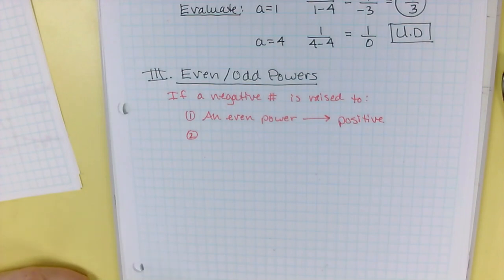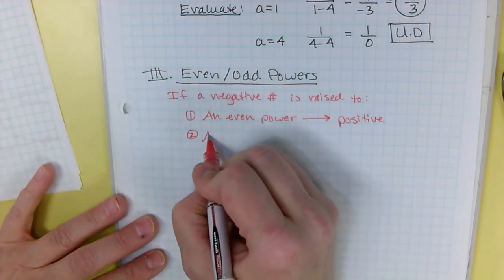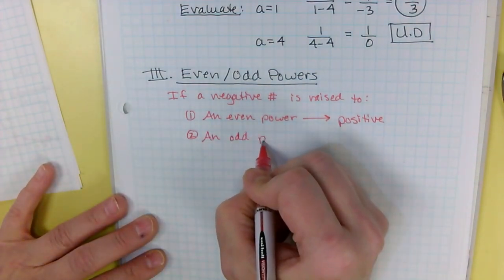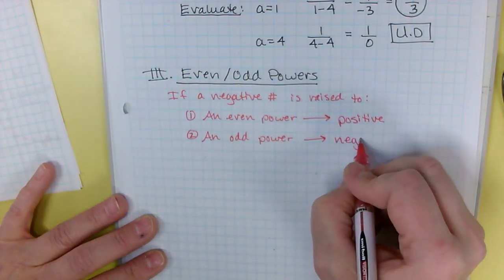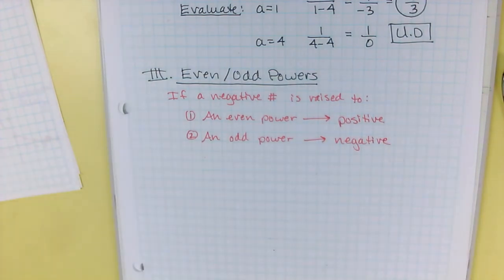Number 2, if a negative number is raised to an odd power, the number will always result in a negative value.